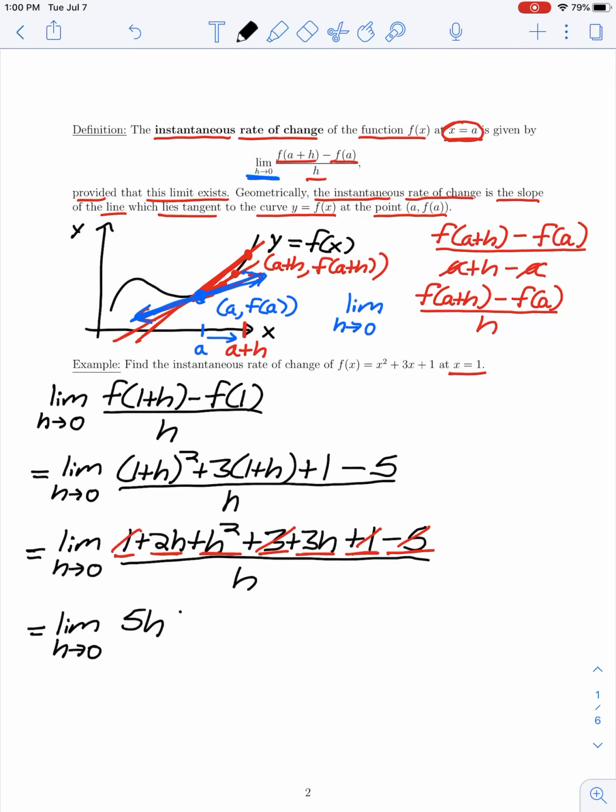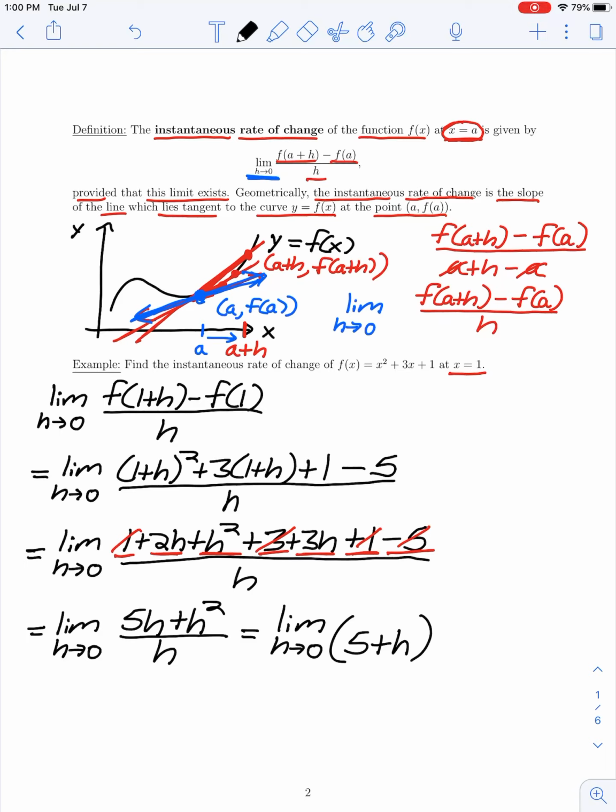So my numerator becomes 5h plus h squared, which we're then dividing by h. And so dividing my numerator through by h, we have the limit as h approaches 0 of 5 plus h.